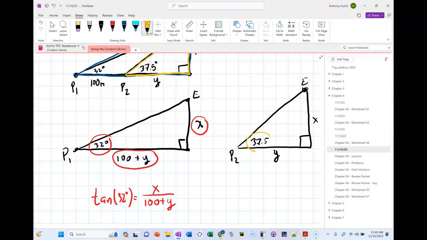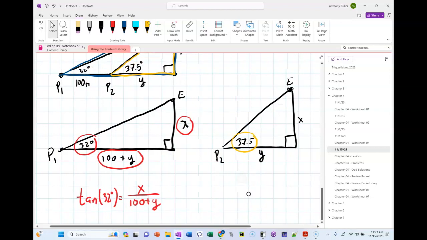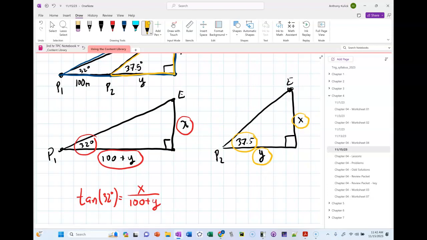Similarly, in triangle 2, relative to angle 37.5, I know that I have opposite and adjacent that I'm concerned with. So once again, I can say tangent of 37.5 equals opposite over adjacent.